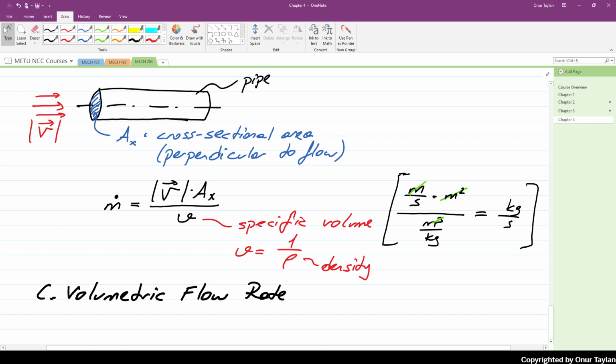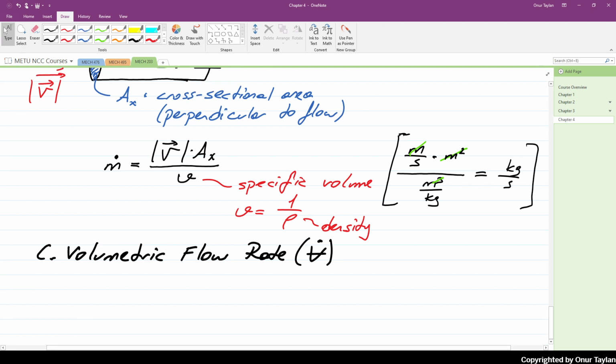They are typically measured with flow meters, and the units can be meter cubed per second, liters per hour, liters per minute, and so on. The symbol we use for the volumetric flow rate is V dot. V is for the volume, and when we put a dot on top, it is the volumetric flow rate.